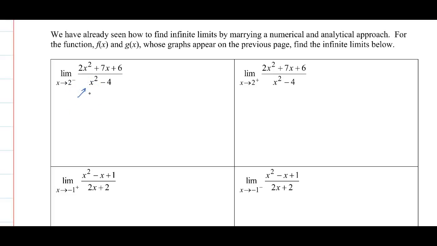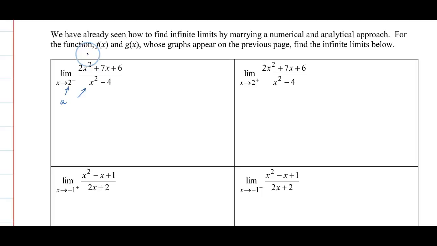And then we could determine, does it approach positive infinity or negative infinity, by evaluating for a value very close to a. That would give me an indication as to whether it was trending toward positive infinity or negative infinity. Let's look at these. We'll do one together and then you can try the other three on your own first.